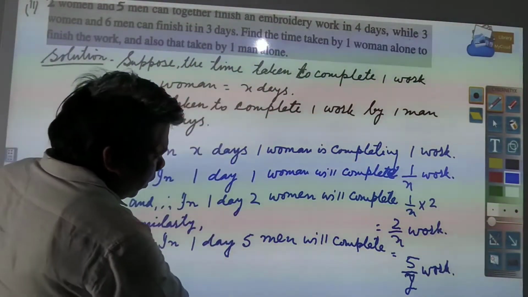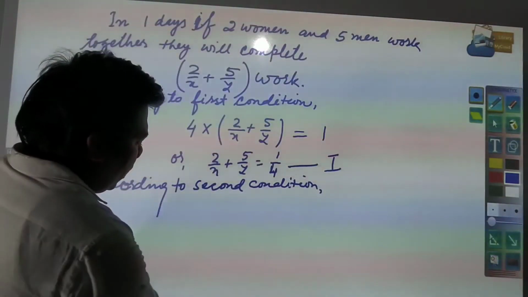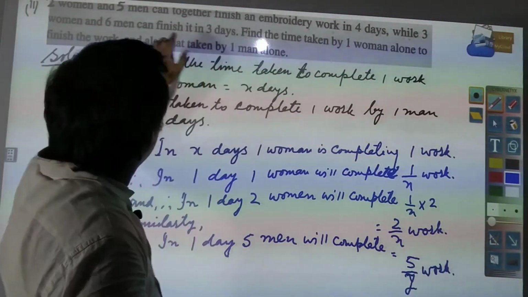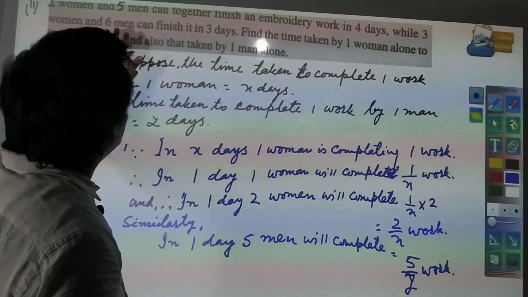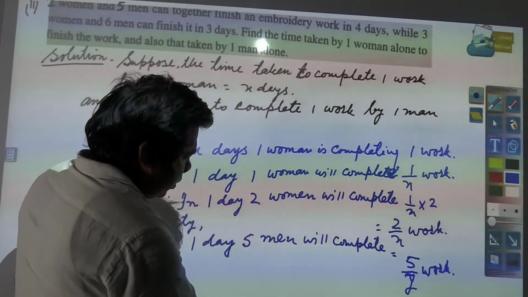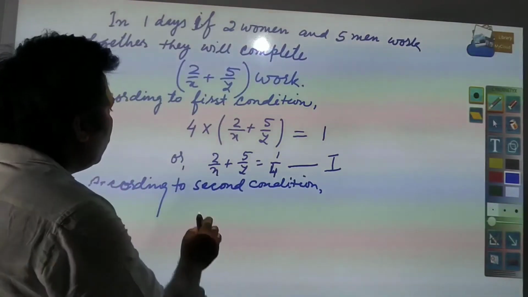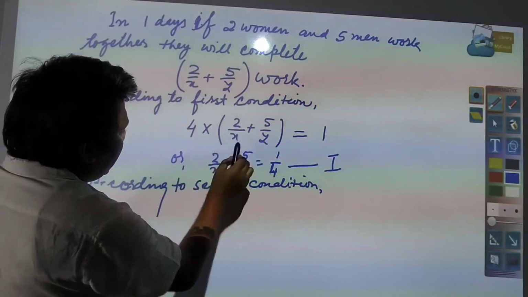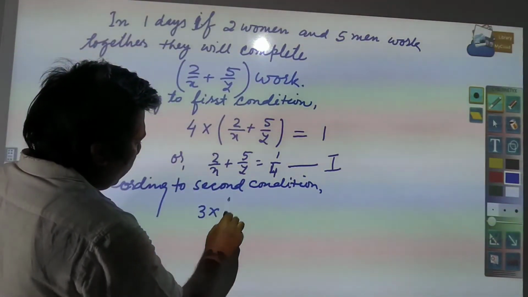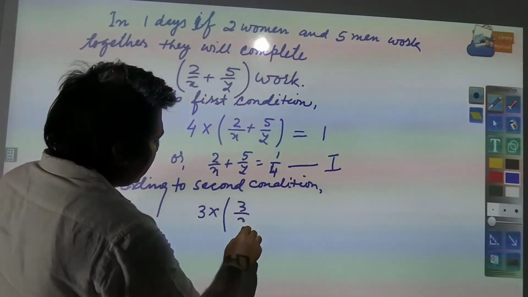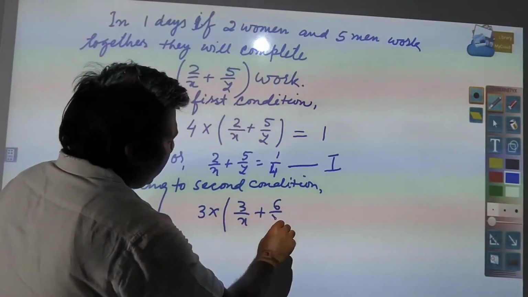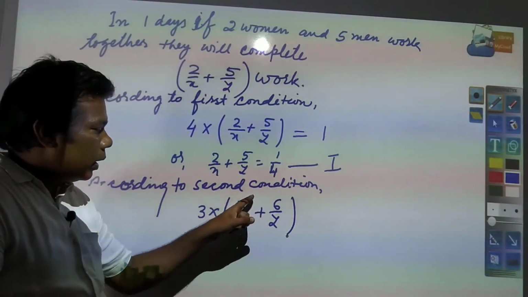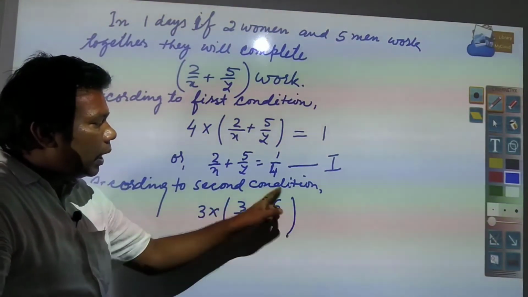In the same way, 3 women and 6 men working together will complete this much task in one day, which is 3 by x plus 6 by y.